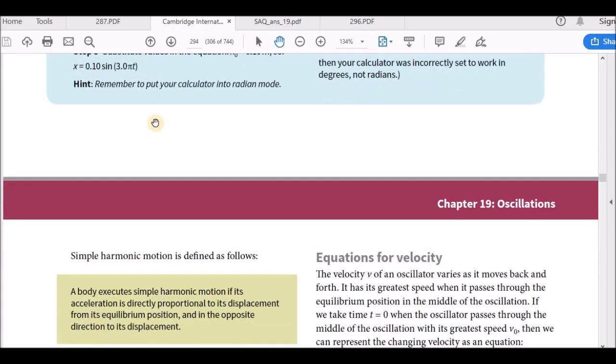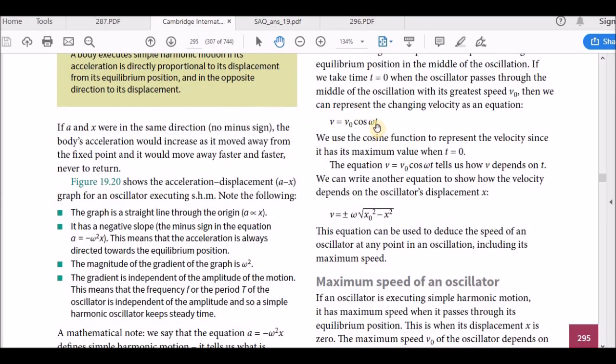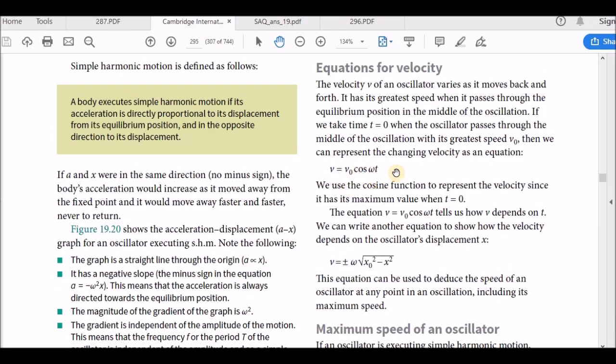We will do it and see how to get this, then there is no confusion. But for now you can remember this one. Again, the students who have not taken mathematics don't need to know the derivation. You can directly remember the equation and apply it.